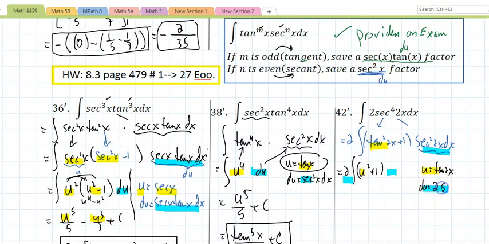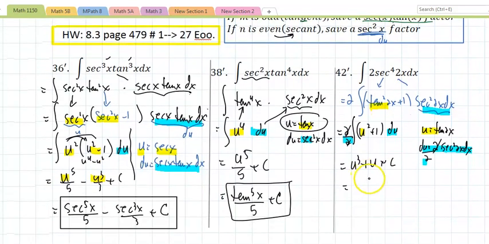It'll be 2 times secant squared of 2x dx. So what I really want to write for secant squared is 1/2 du. And there it is. Simply u cubed plus u plus c. And I do recall what u was. U was the tangent of 2x, so the answer is tangent cubed of 2x plus the tangent of 2x plus c.